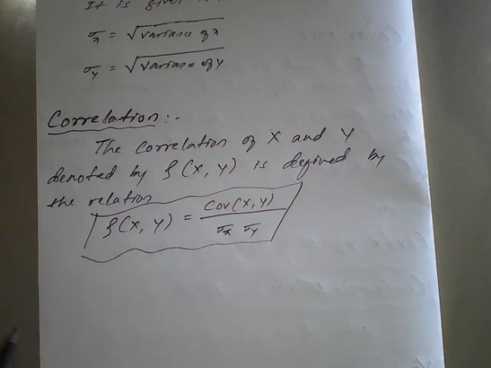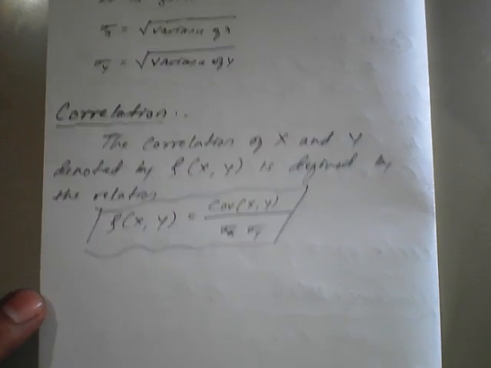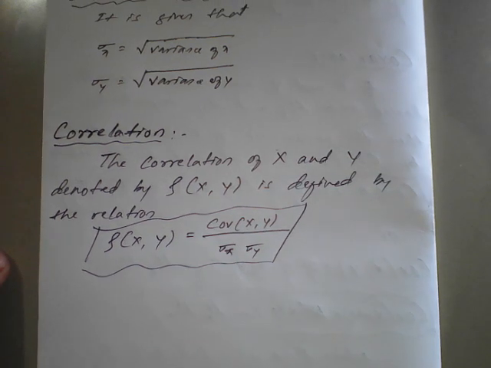We need to remember the expectation formulas for x and y, and the variance formulas for x and y. Then from the variance we can conclude the correlation, which is very important for examples. So these are the main concepts from joint probability. With the help of these concepts we'll see examples as well as a few important concepts in the future class.